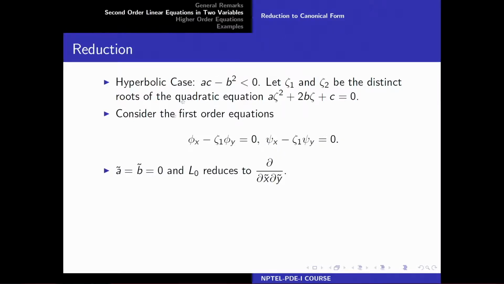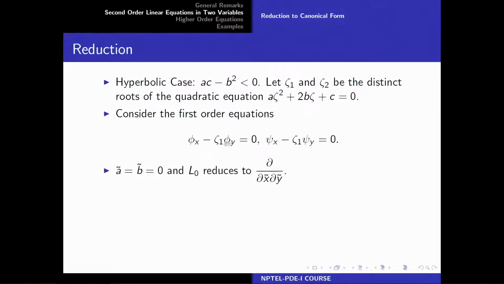So, as I said, now we can choose this phi x by phi y equal to zeta 1 and psi x by psi y equal to zeta 2. Again sorry for this, this should be zeta 2. So, this phi and psi satisfy this first order PDE.